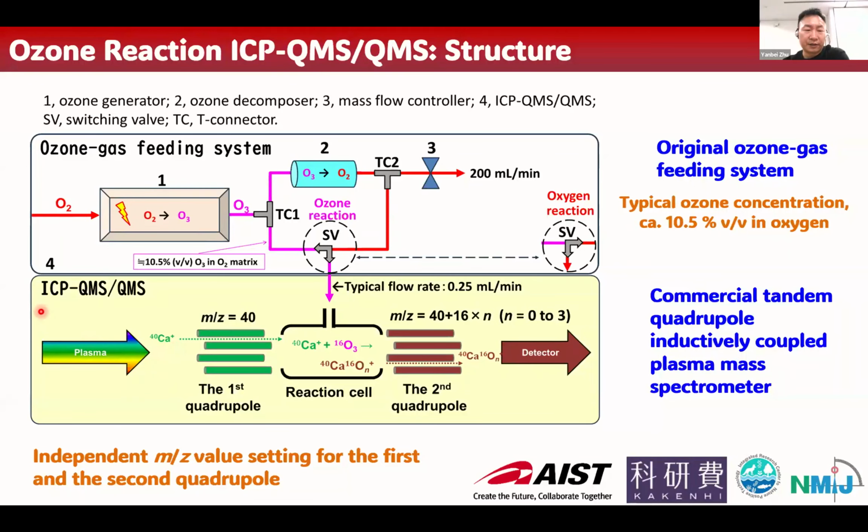The bottom is the ICP-QMS, and the ozone gas feeding system basically just puts an ozone generator on the line of oxygen, changes it to ozone, and splits part of this ozone to the ICP-MS as a reaction gas.